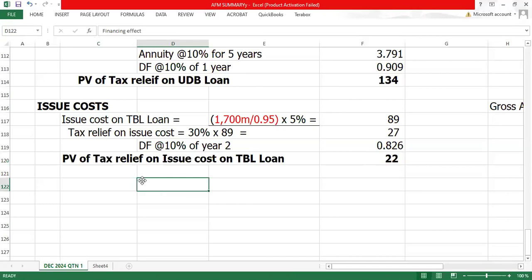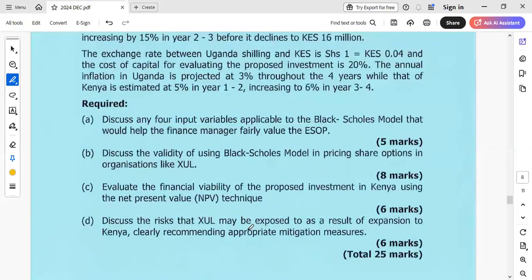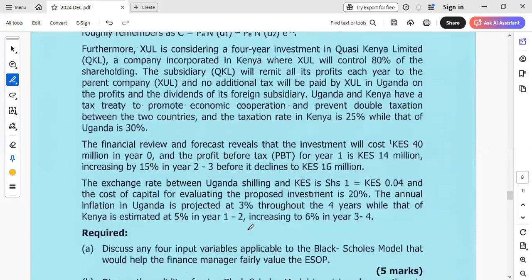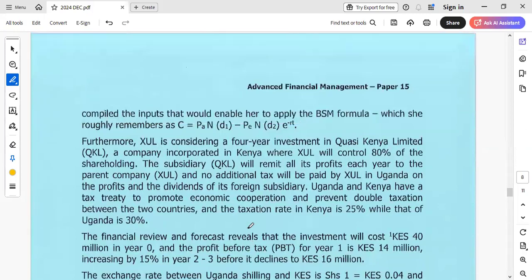Do we have any other issue cost? Do we have any other issue cost, guys?